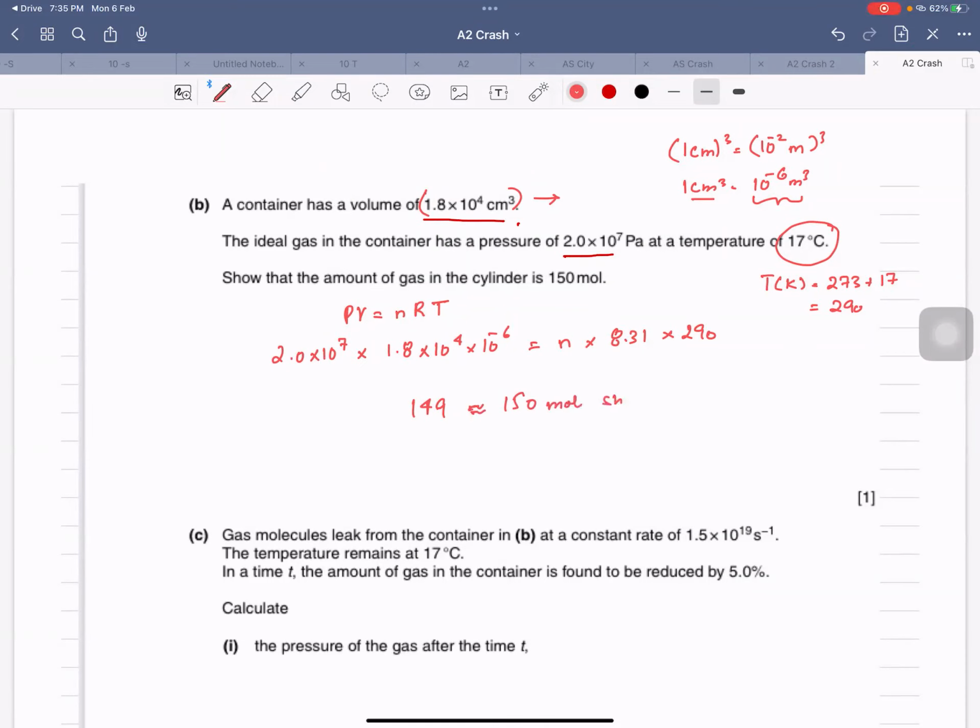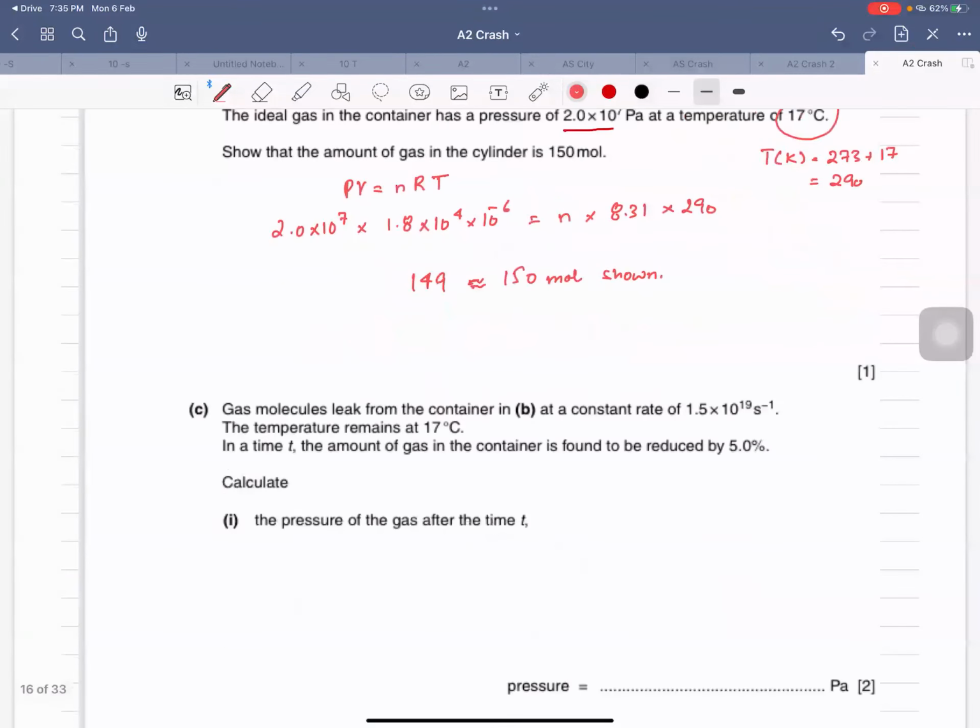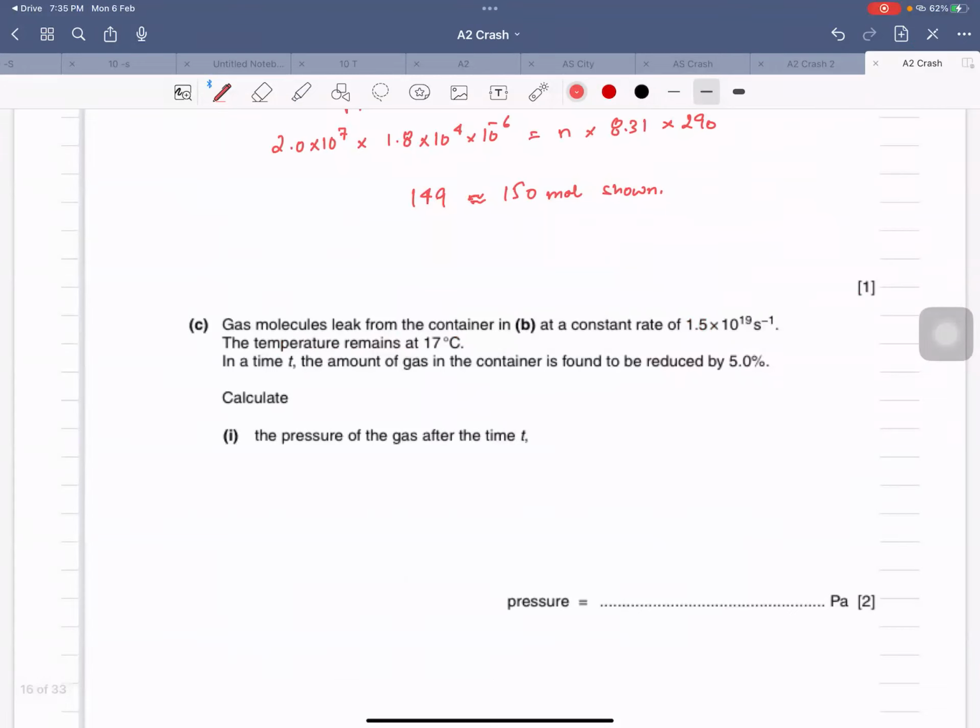So we've shown that. Now in the next one, it says a gas leak in the container has happened for some reason. I don't know why. But within that gas leak, the gas molecules have a rate, so this many molecules per second are being released and the temperature remains constant.